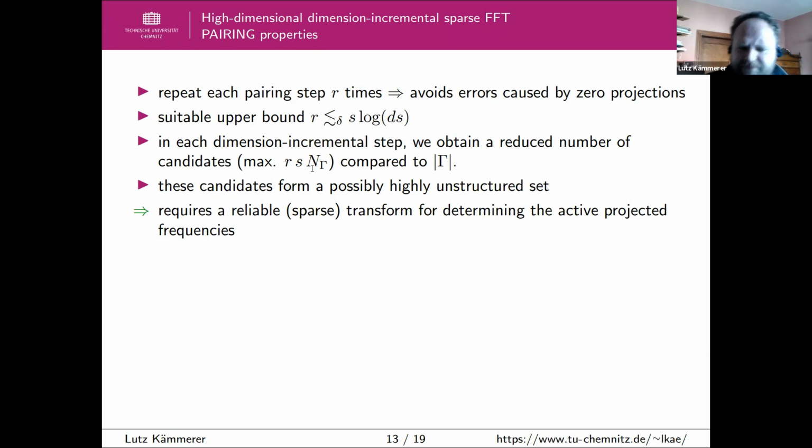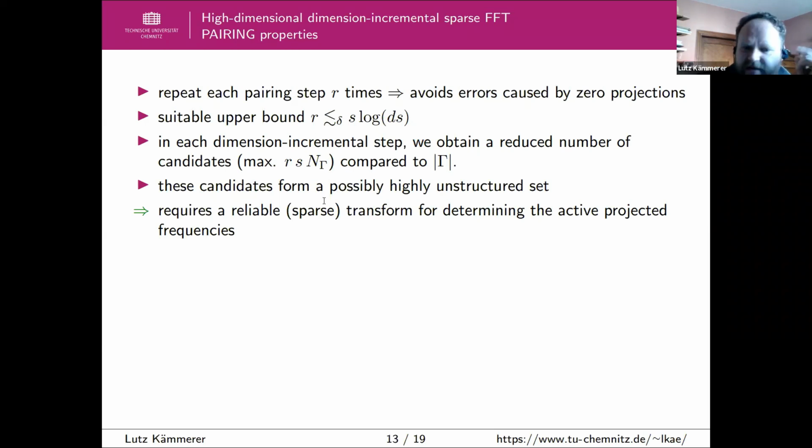However, there are upper bounds, and in each dimension incremental step, as I said, we obtain a reduced number of candidates. You have not the full candidate set, not this full box. You have only a number of iterations times this S times this N gamma, which is the length of one edge of this box in one dimension.